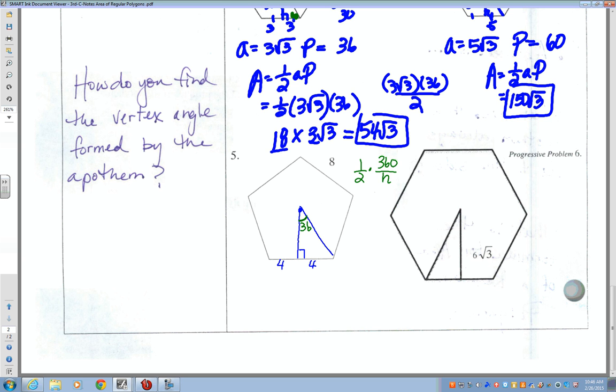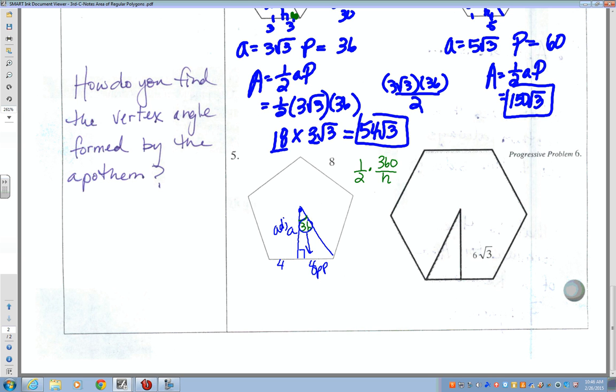Okay, and then we are trying to find our apothem. We need the apothem to do the perimeter. So, since it's not a special right, what are you going to use to find your A? Yes, so we got opposite and adjacent.